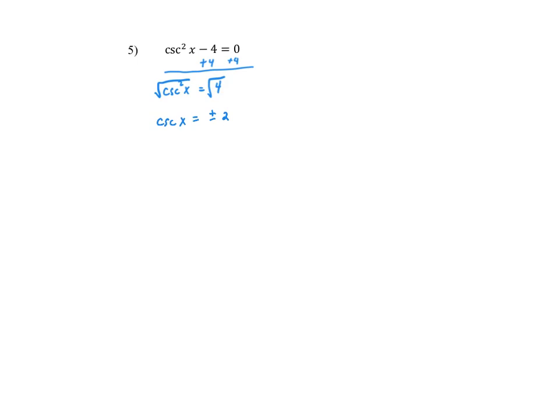If the cosecant value is plus or minus 2, that means the sine value is plus or minus 1/2, because sine values and cosecant values are reciprocals. So let's take out our unit circle and find the angles where the sine value is plus or minus 1/2.